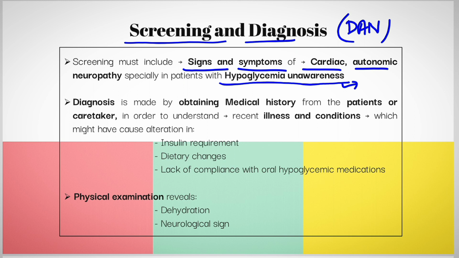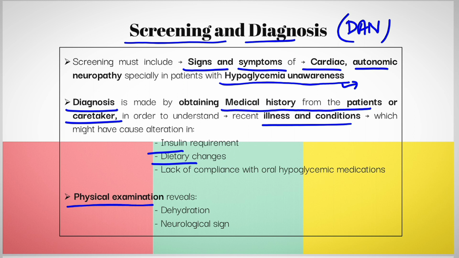The diagnosis is made by obtaining the medical history from the patient as well as from the caretaker, so that we can understand any recent illness or condition which may cause alteration in the insulin requirement or dietary changes of the person. Apart from that, we need to do a physical examination to assess the condition of dehydration and any neurological signs present in the patient.